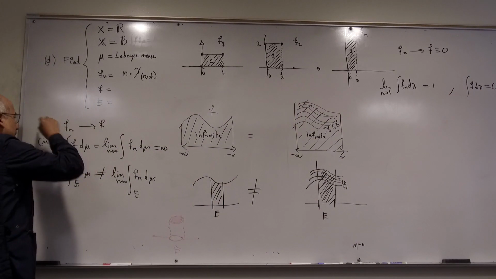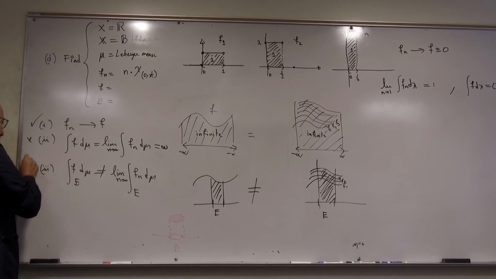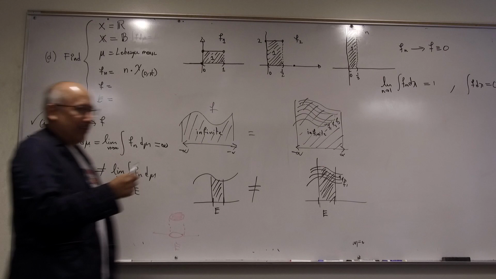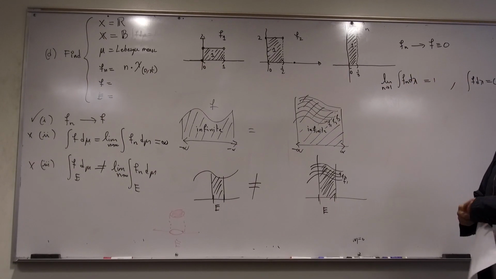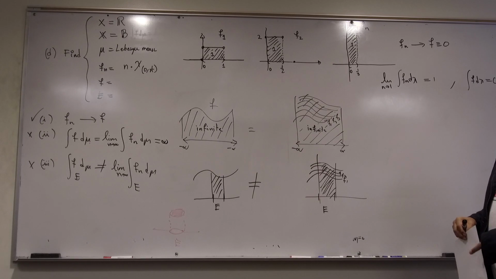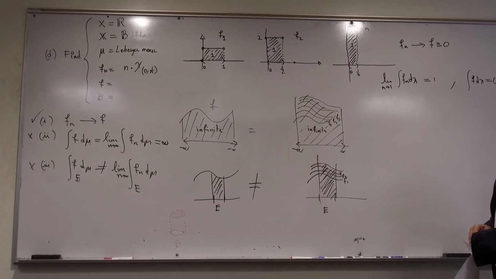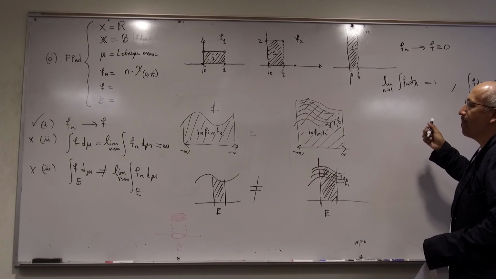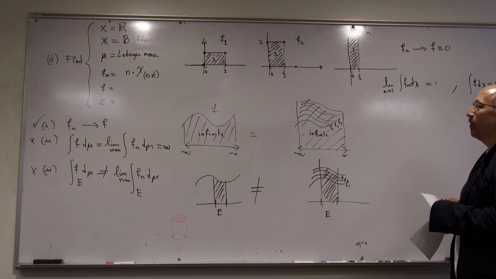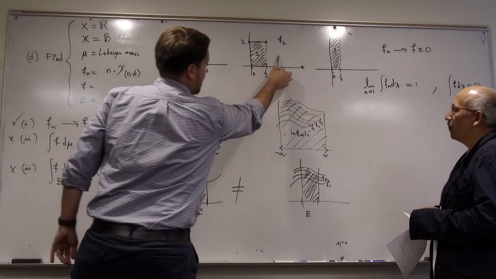They need to be equal, so this is okay, but this fails and this fails. What if we take an arbitrarily small epsilon, which is always positive? Similar to the example you just had, when you take the first one it's 1, and the second one is out, so it's 0.